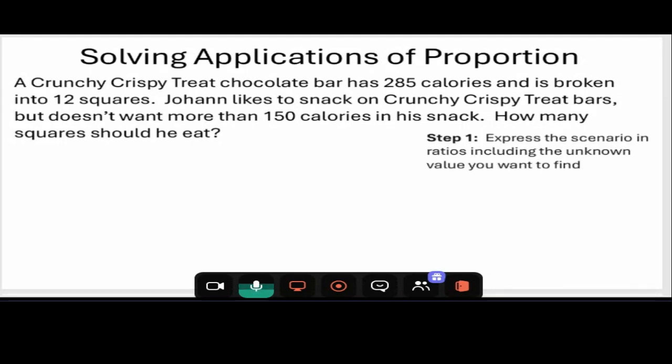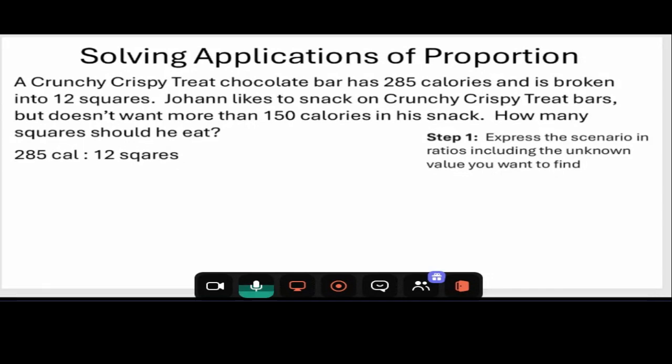All right, so step one, we're going to express this in ratios. So 285 calories in 12 squares. There's the ratio where we know both of the numbers. 150 calories, how many squares?